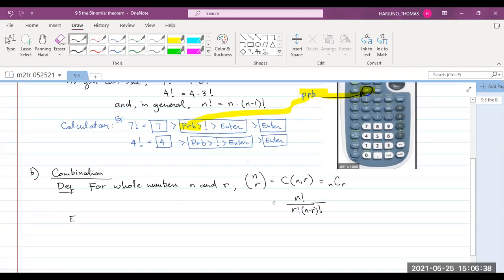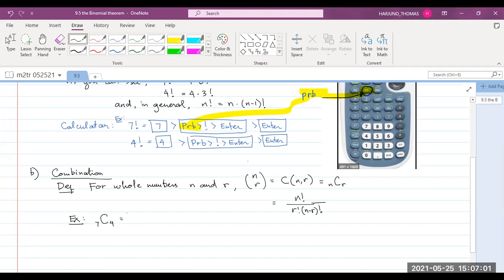If the number is small, I tend to just do it by hand. Let's say I have 7 combination 4. If you use this notation, the 7 and 4 are subscripts, smaller and lower.